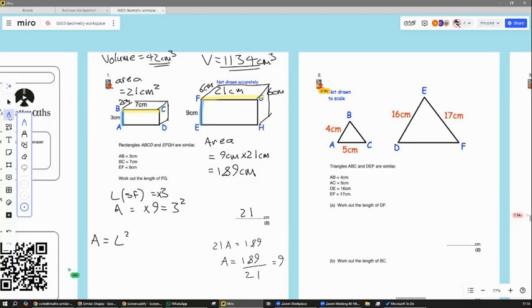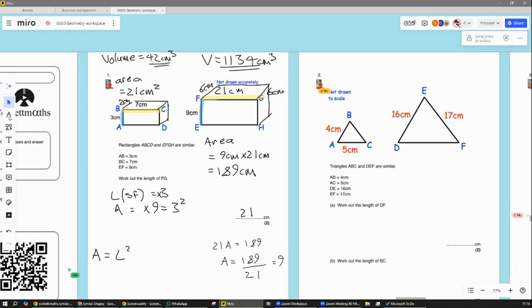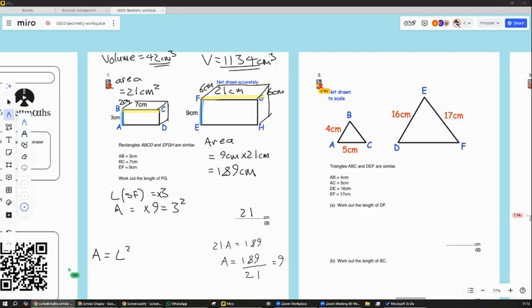So you might already know, if you haven't worked it out, you might be able to see it now. In fact, I might just pause the video and see. Okay, so if the area scale factor is the square of the length scale factor, then maybe the volume scale factor is the cube of the length scale factor.